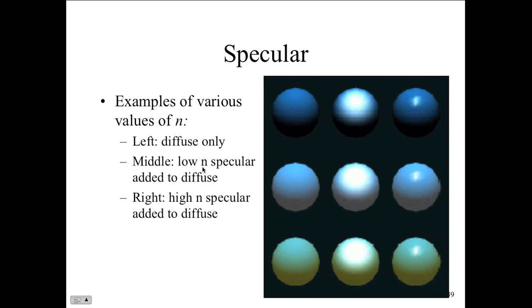The middle is a low N specular added to diffuse, which means it's not going too far. The right is a high N specular added to diffuse, so we actually have pretty interesting effects depending upon how we're specifying the intensity. So whether it's a low specular or a high specular, all being used with diffuse lighting, we're combining the techniques to actually give us an effect.